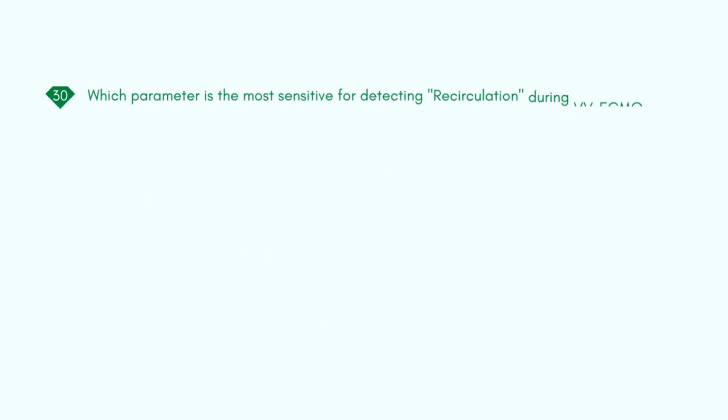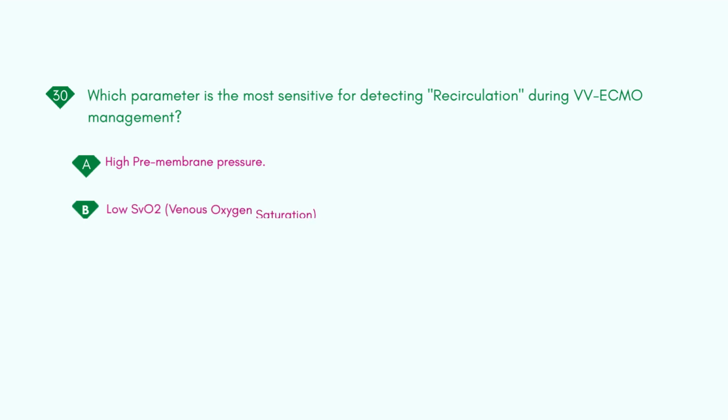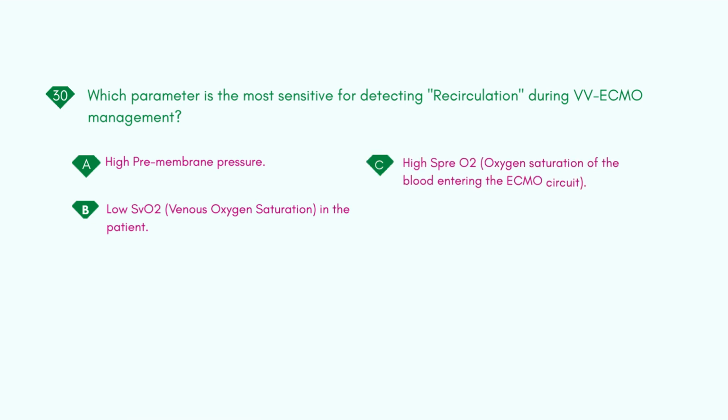Which parameter is the most sensitive for detecting recirculation during VV-ECMO management? A. High premembrane pressure. B. Low SpO2, venous oxygen saturation, in the patient. C. High SpO2, oxygen saturation of the blood entering the ECMO circuit. D. Decreased urine output.